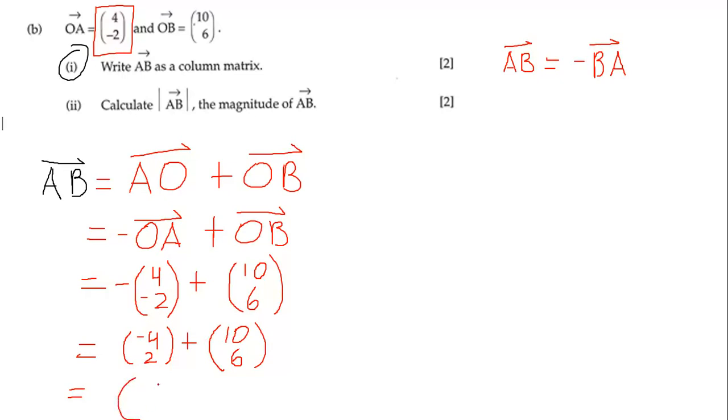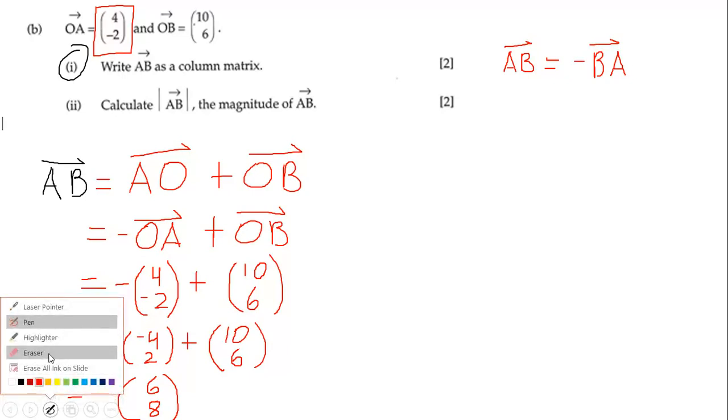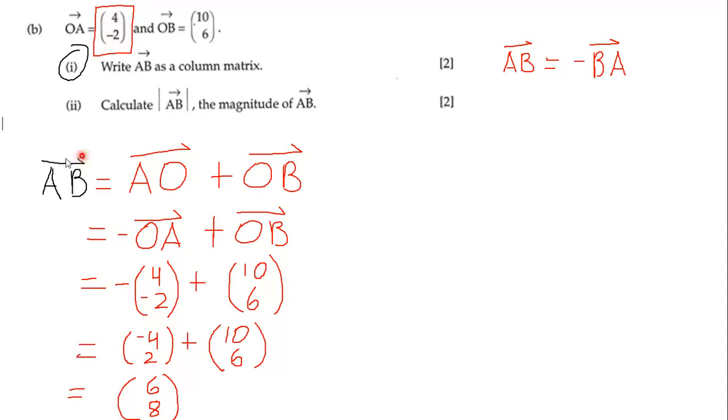Well, you should have $6 left. So negative 4 plus 10 is 6. Now what is 2 plus 6? Well, 2 plus 6 is indeed 8. So AB, written as a column vector, is actually equal to 6, 8.